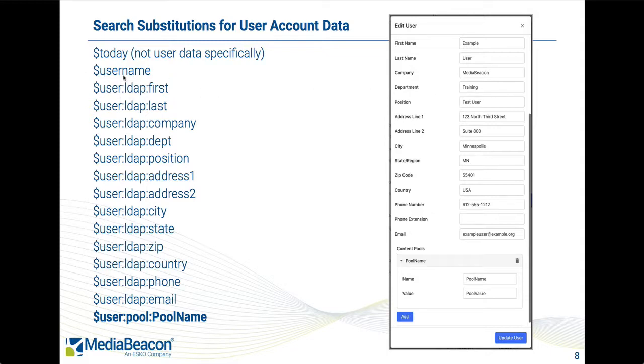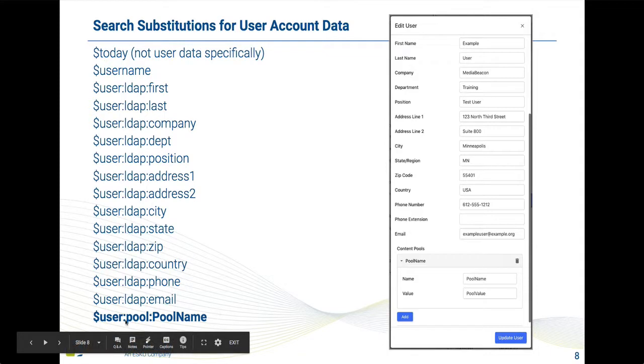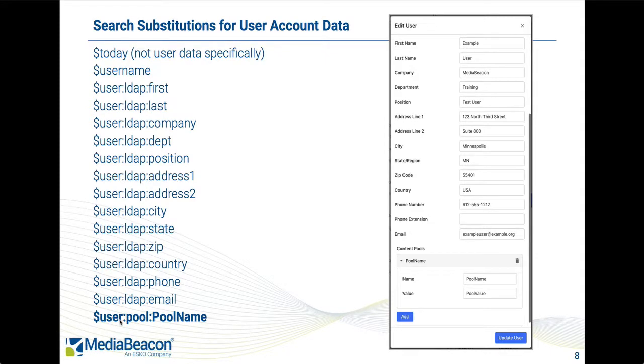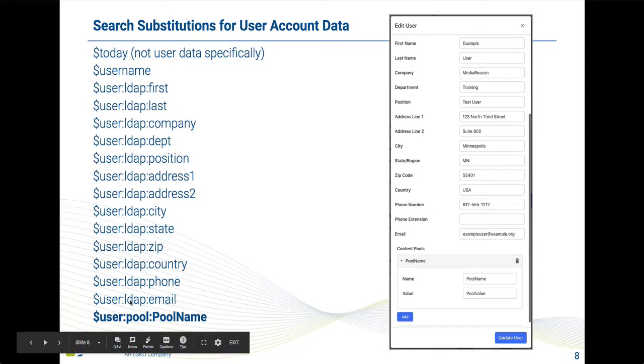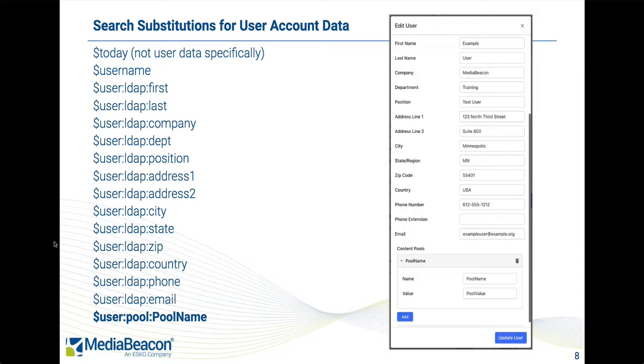Username is one that we can use, of course, and that's been around for a while. And also today, that's a date-based one, not specifically. But the feature that enables the content pools is this last one below here. And this one is a little bit different. It says pool instead of LDAP, and this allows the user, the admin I should say, to configure a specific pool, since you can't have multiple pools per user, and identifies that pool.